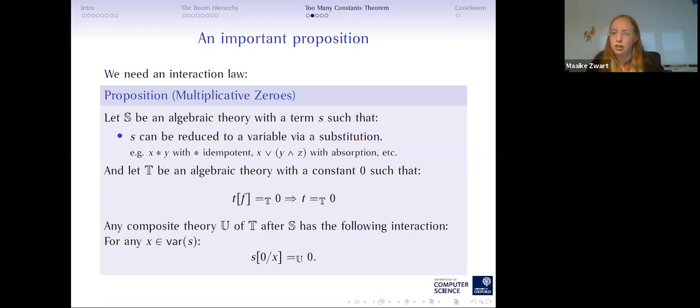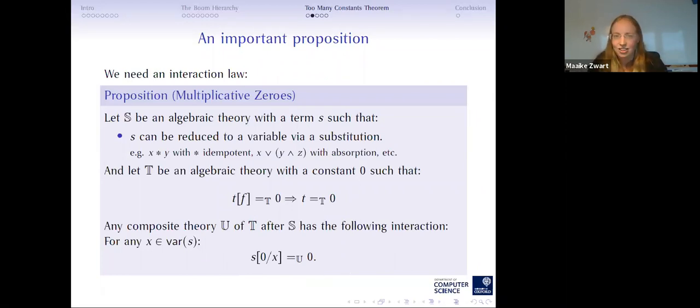The 0 is the constant from the abelian groups, and the times is the binary from the monoids. But if I do 0 times x, then that is just equal to 0 in rings. So that is the interaction I'm looking for. Substitute a constant of one theory into a term of the other, and then it reduces to just the constant. That's the interaction I need.